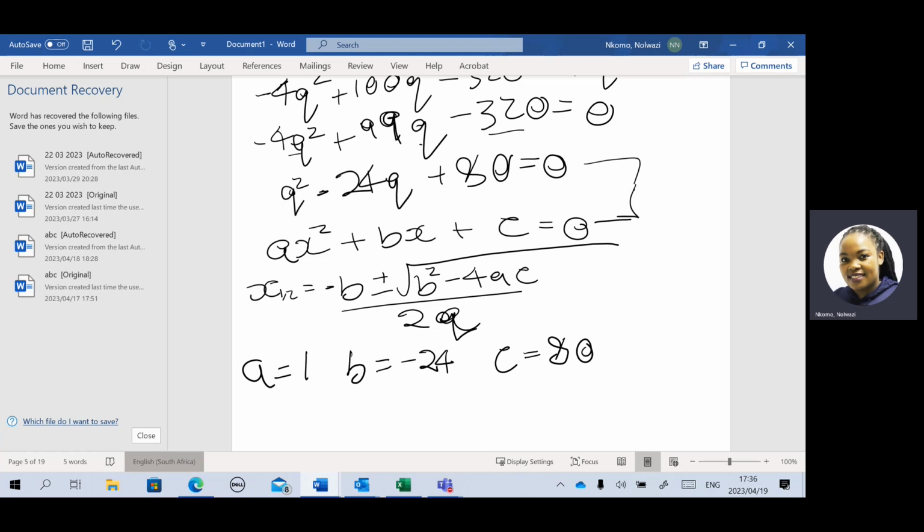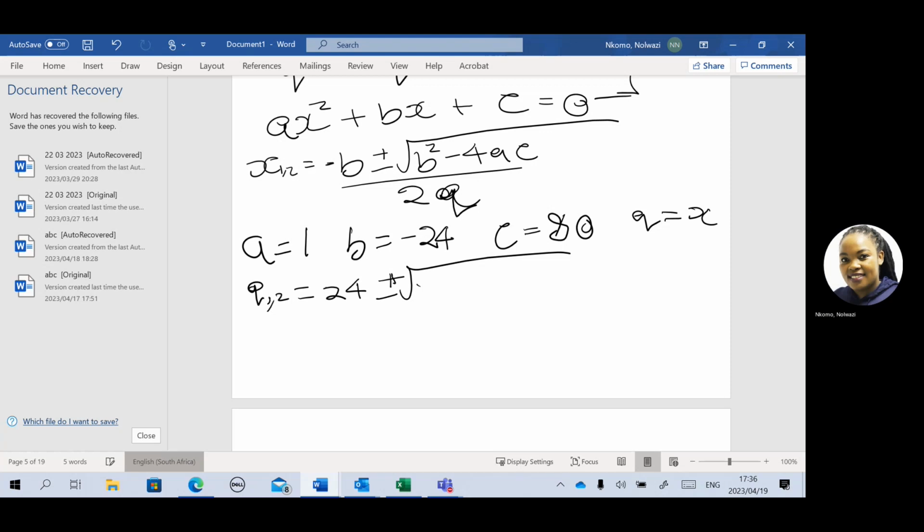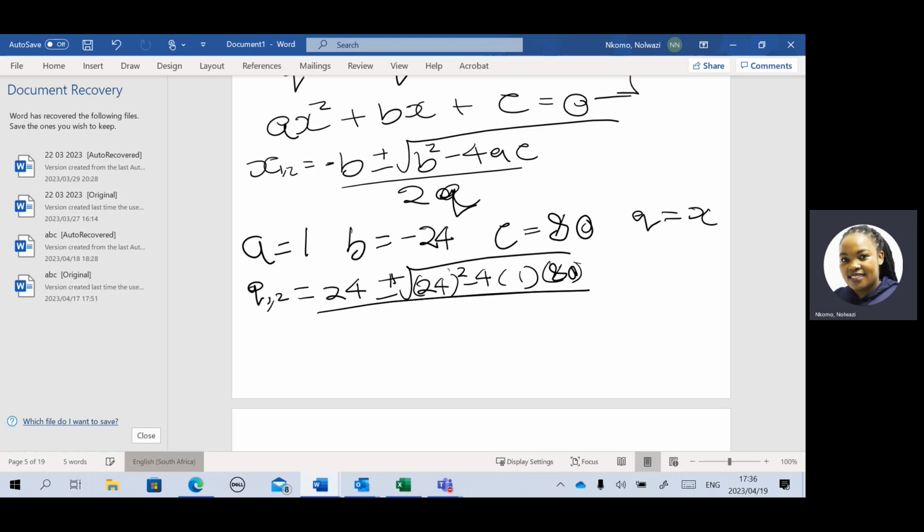So the next step, I will substitute this a, b, c here in this equation, and our x is equal to Q. So this means we have Q1,2 equals 24 plus or minus square root of 24 squared minus 4 times 1 times c, which is 80, over 2 times 1, right?